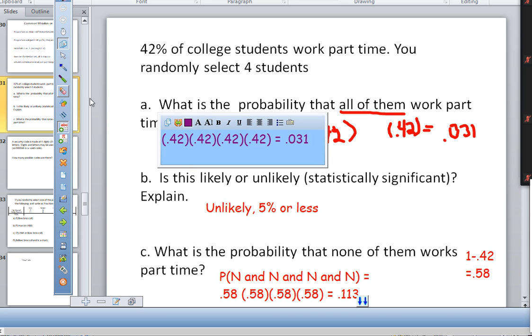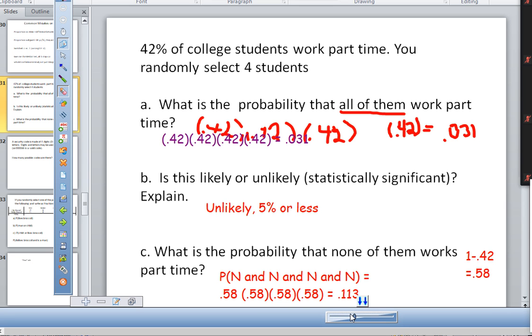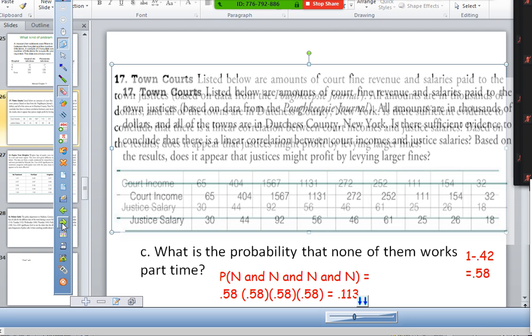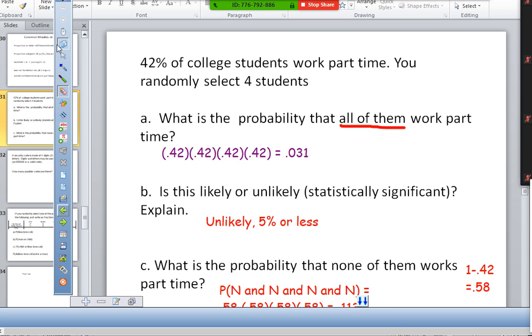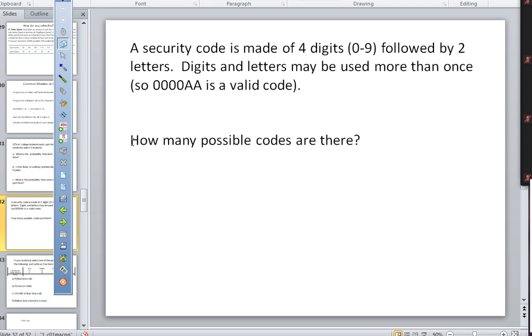There. Much better. Okay, but that's not right. That's totally wrong. All right, so here's this problem.